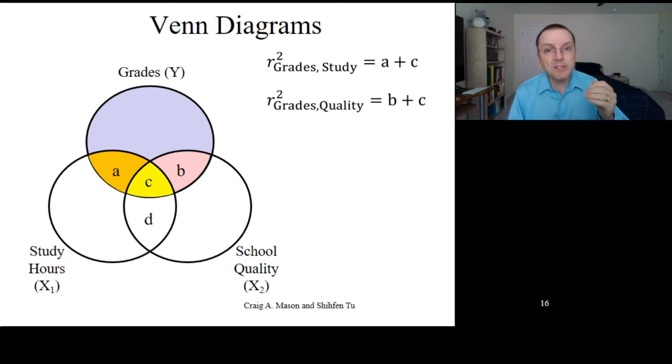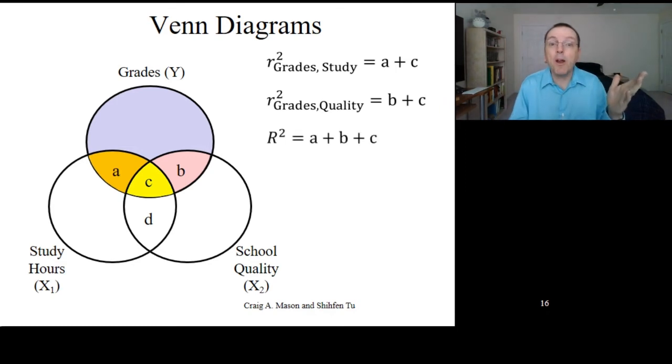Now, focusing on the variance in grades for a moment, notice that the area A, C, and B as a group reflects the variance in grades that's related to or accounted for by study hours and school quality as a set. And if you think about it, you may recognize that this is the multiple R squared, right?